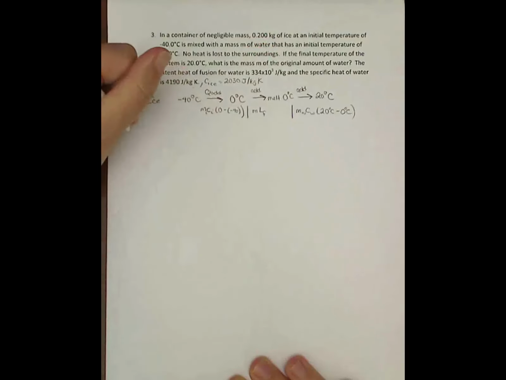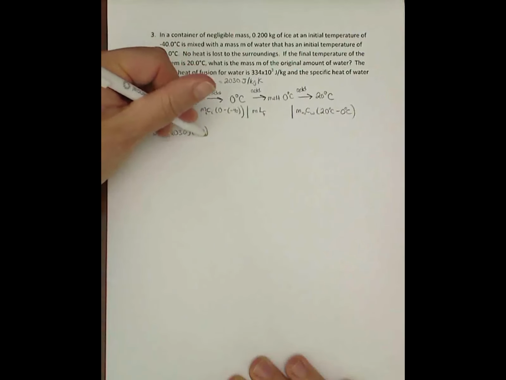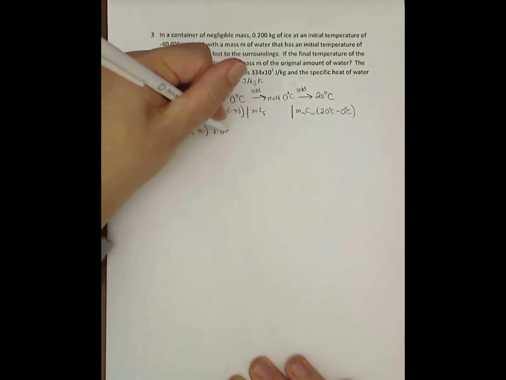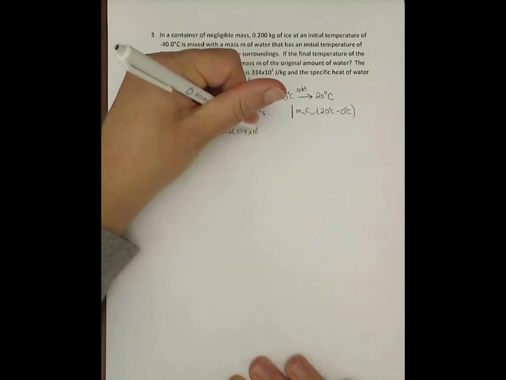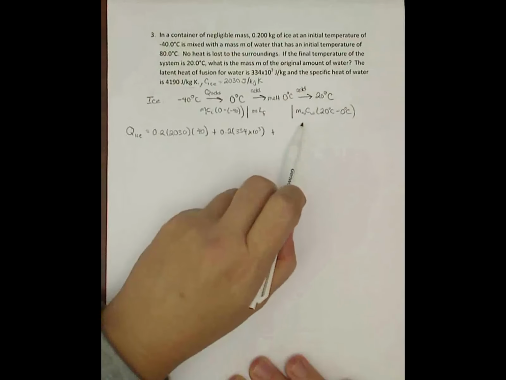Okay, so the total heat required to warm up the ice is equal to the mass, 0.2, times the specific heat of ice, 2030, times the temperature change, 0 minus negative 40 is plus 40, plus the heat needed to melt the ice, mass times the latent heat of fusion, 334 times 10 to the 3, plus the heat needed to warm the water from 0 to 20.